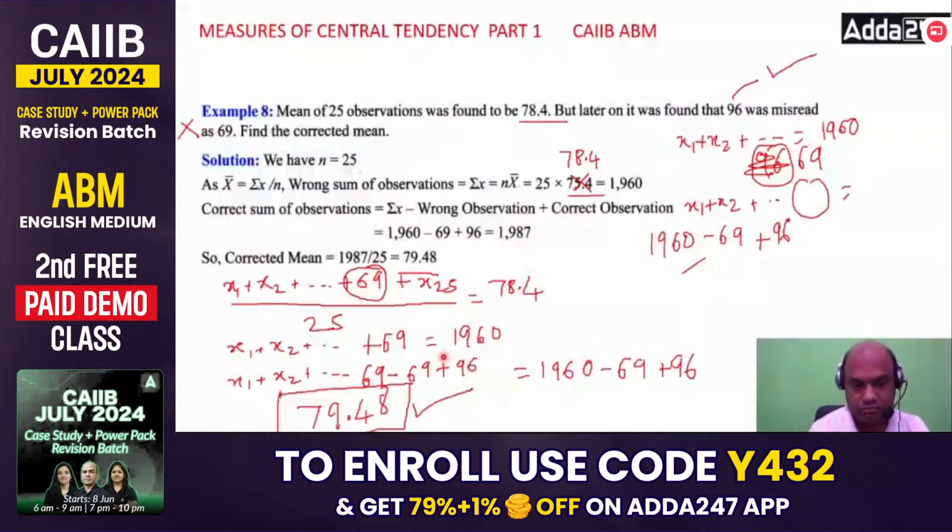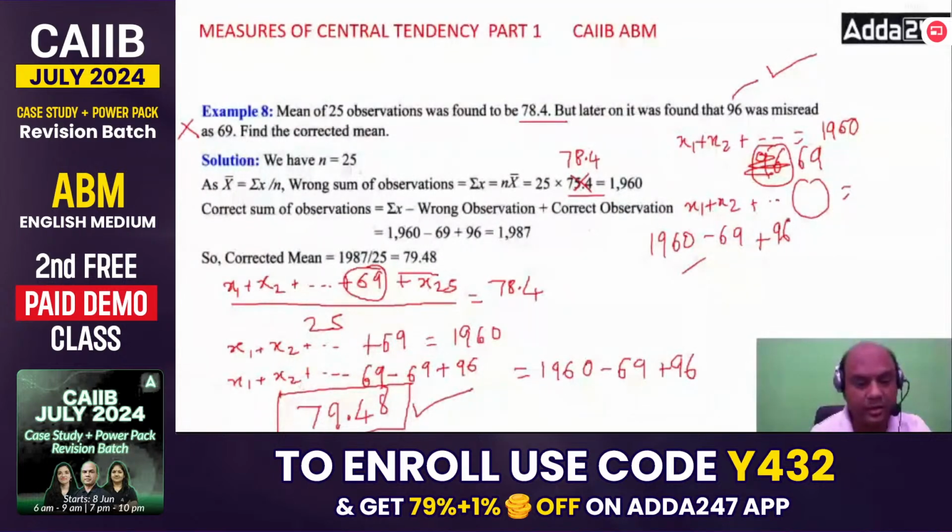Now we want the average. So average means whatever answer you get. What is the answer you are getting? 1960 minus 69 plus 96. So it is 1987. Everyone pay attention.